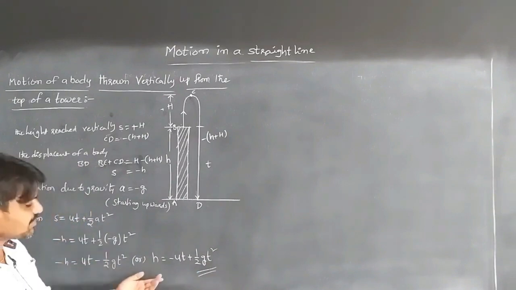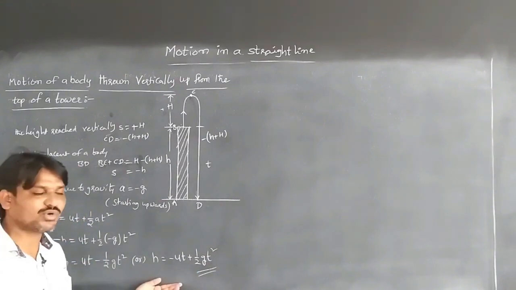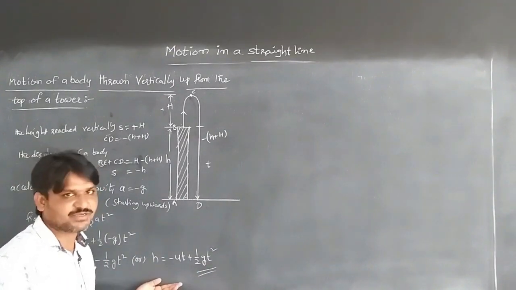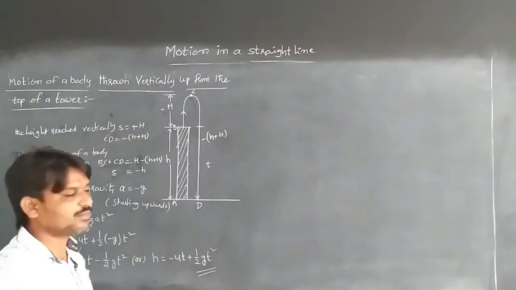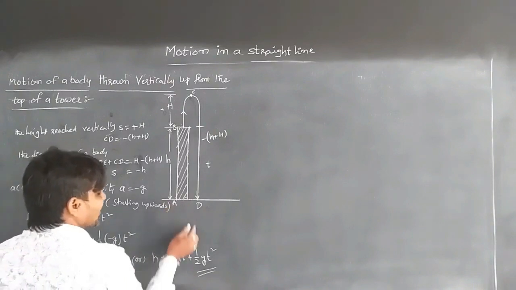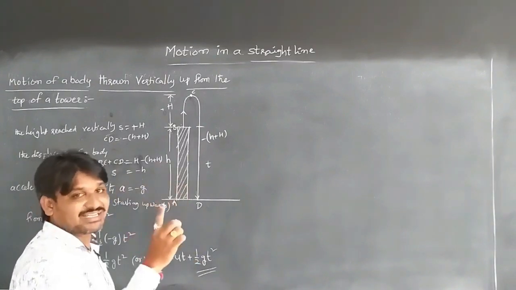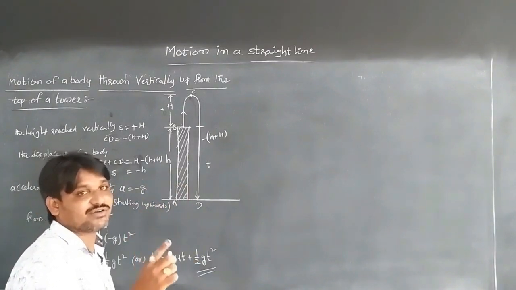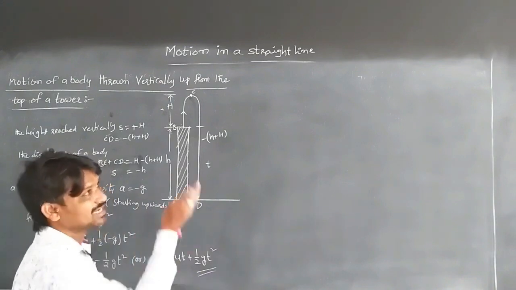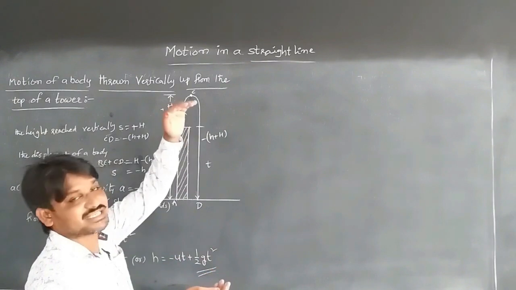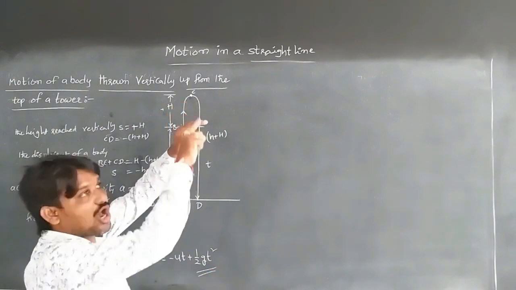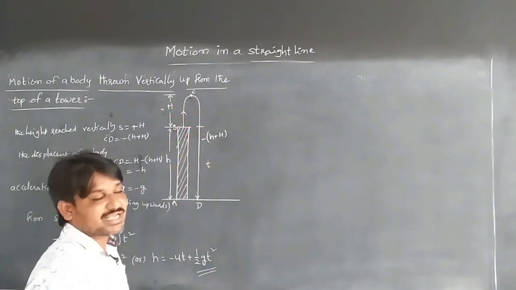This is the equation for whenever the body is projected vertically upwards from the top of a tower. In the motion of a body projected vertically up from the top of a tower, the distance traveled in the direction of projection is taken as positive, and the opposite traveled distance is taken as negative.